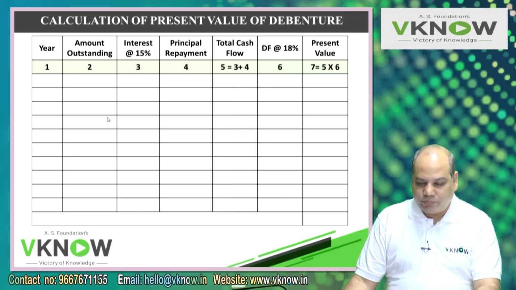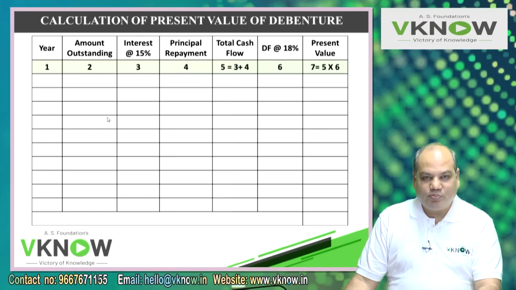Year, amount outstanding, interest at the rate of 15%, principal repayment, total cash flow, then discounting factor at the rate of 18%, and the last column write present value.